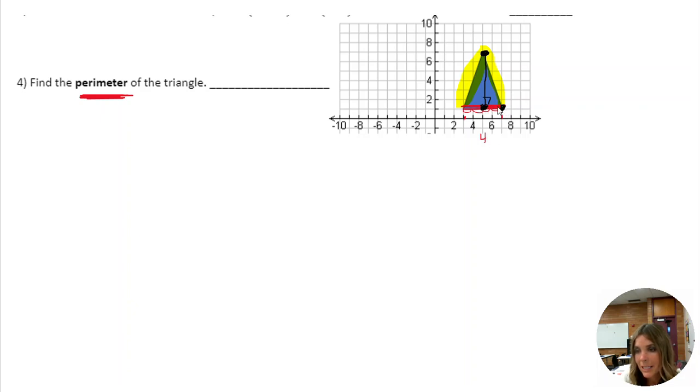Now from here to here, that one's easy, that's going to be a 2, okay? And then from here to here, I know that this point is 5, 1. That's this point right here, to the right 5, up 1. And I know that this point is 5, 7.